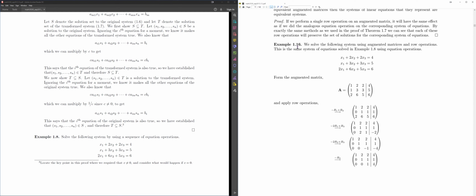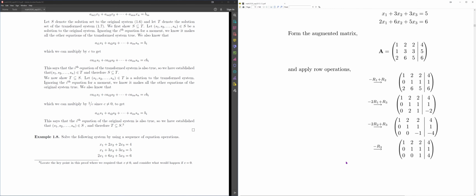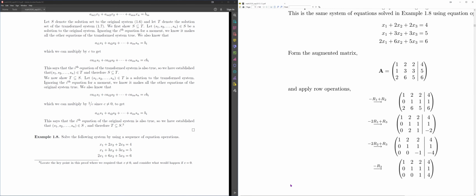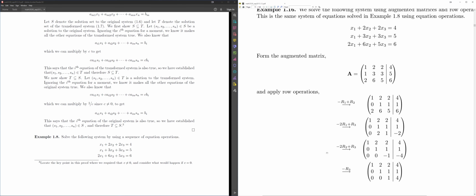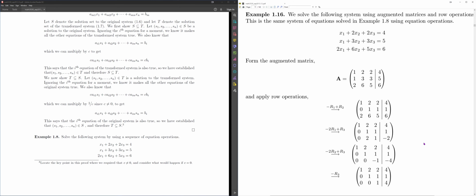Okay, so what you're doing is you have your system over here, and you really want to record these coefficients in front of them in a systematic way, right?